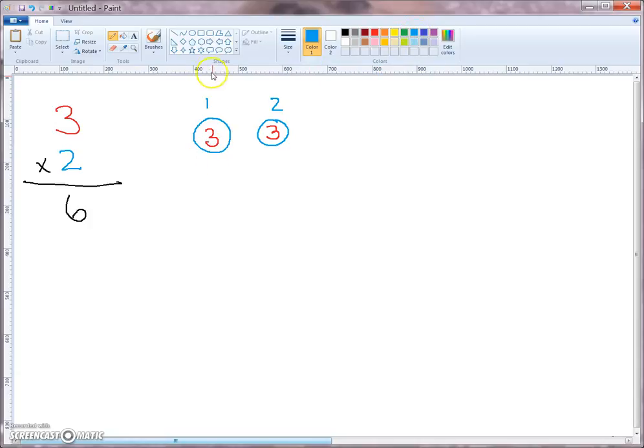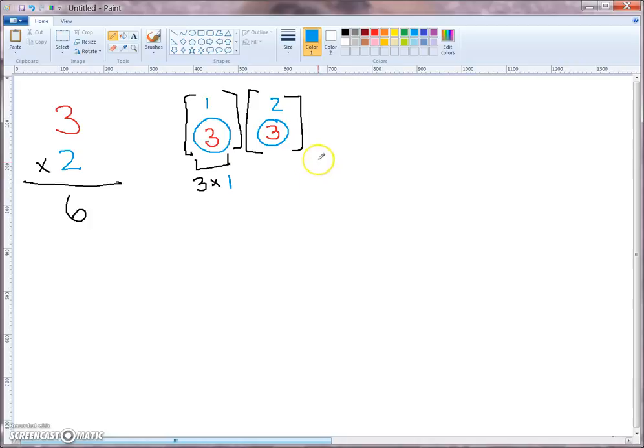Okay? So, imagine if I looked at these individually. So let's look at group 1. Group 1 is literally 3 times 1. Let's change that color. 3 times 1.